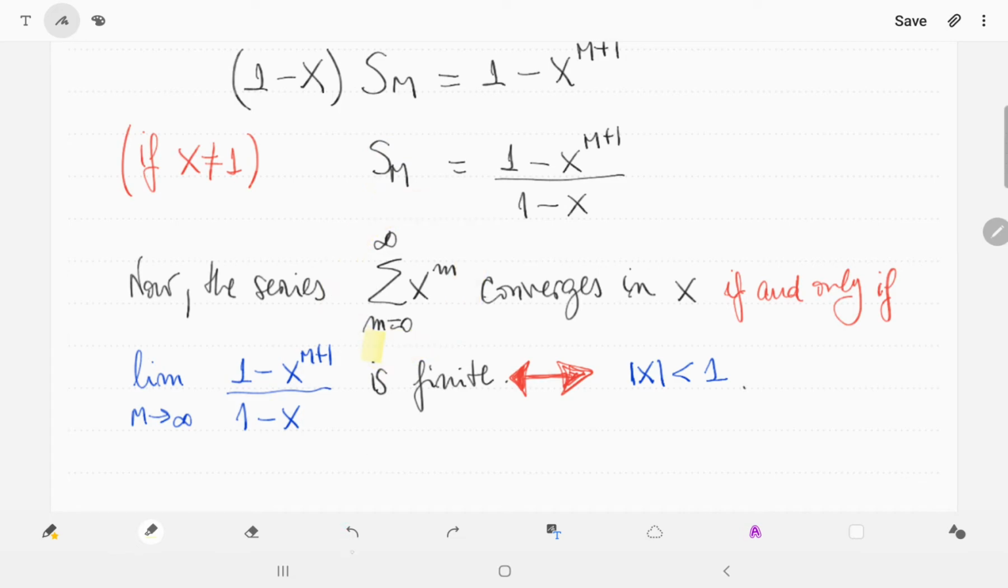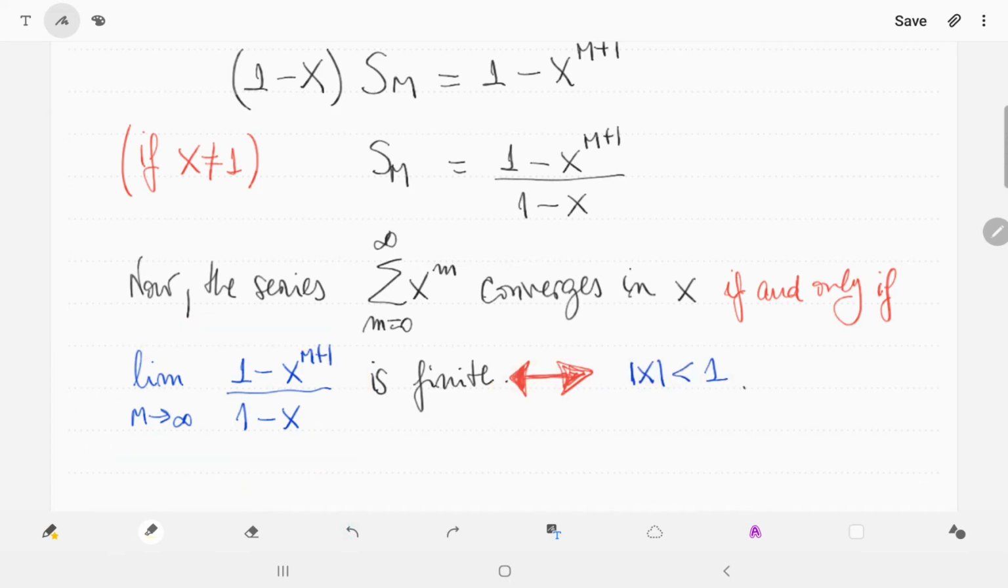And having the expression of the partial sums is quite useful when we want to take the limit, because now here we know that this is finite if and only if the modulus of x is strictly less than 1.